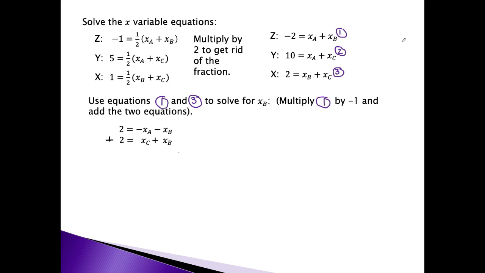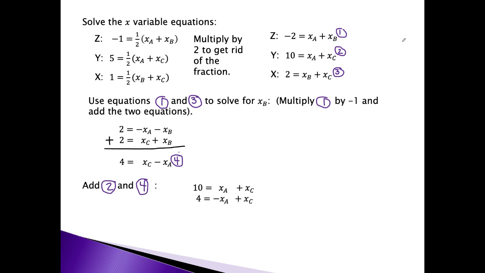Now I'm going to add the two equations, and I get 4 equals xc minus xa. I'm going to call this equation 4. Next, I'm going to add equation 2 and equation 4, and I get 14 equals 2xc. Divide by 2, and I get 7 equals xc.